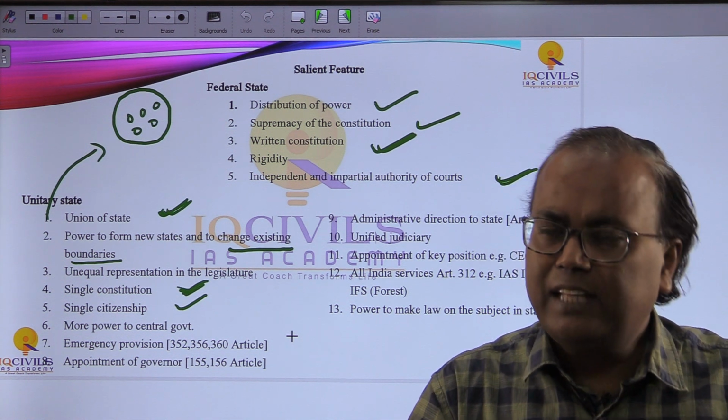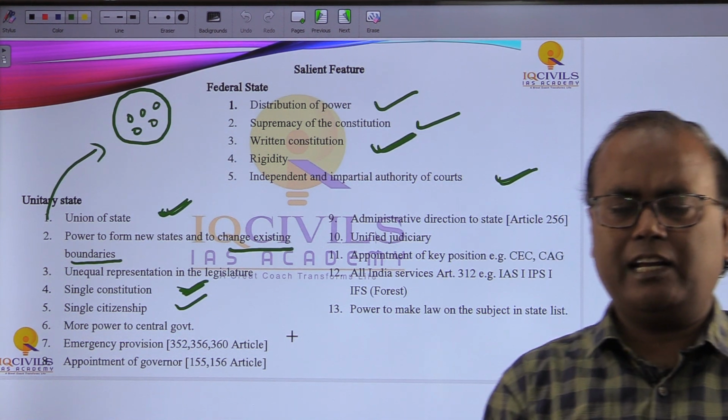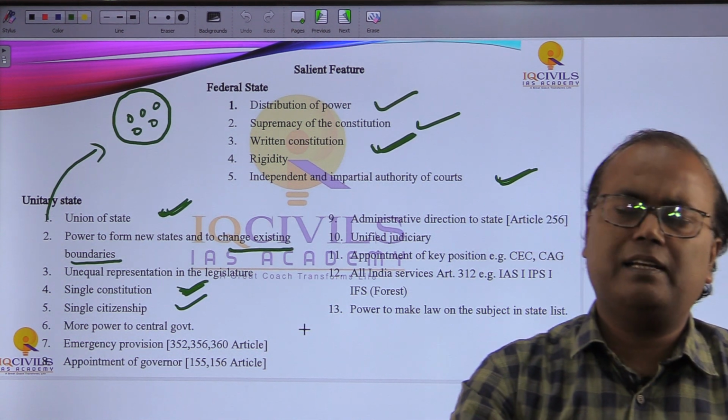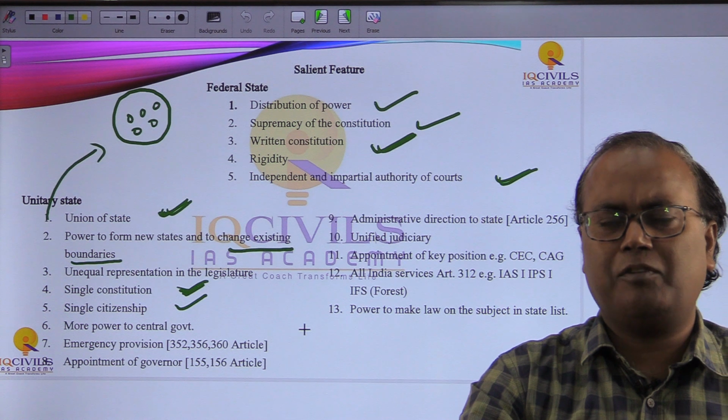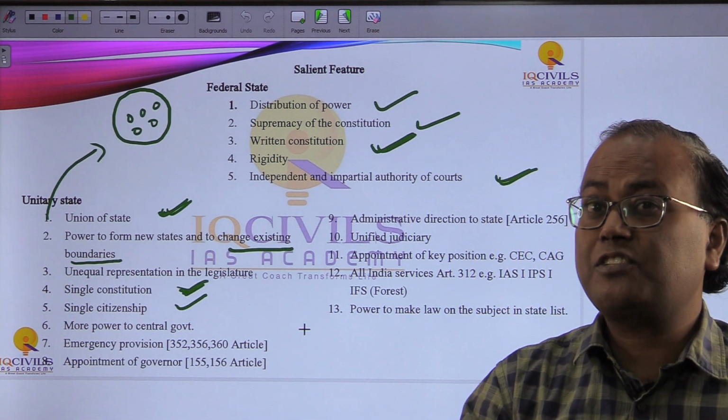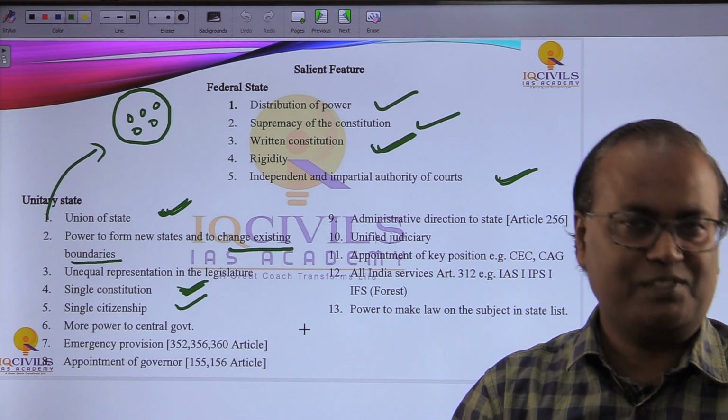Now, even the appointment of the governor under Article 155 and 156, as you know, the governor used to be the agent of the central government at the state level, and he used to be the head of the executive at the state level at the same time.